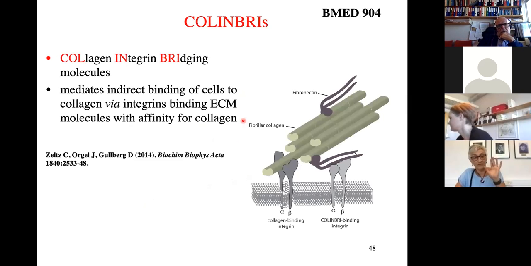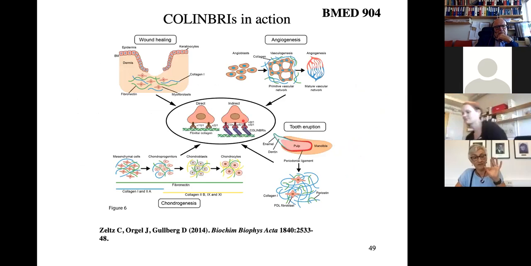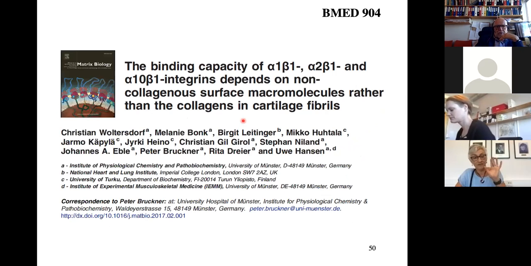And we have instead introduced the term column-breeze for collagen-integrin bridging molecules, molecules like fibronectin that bind to collagen. So in the tissues, cells interact with collagen either directly via collagen-binding integrin or indirectly via proteins that in turn then bind to collagen.